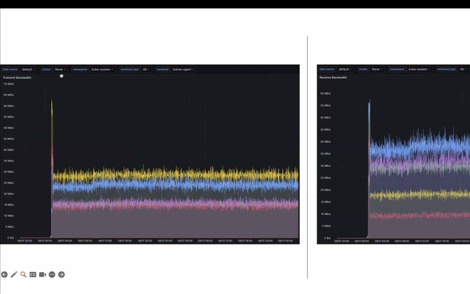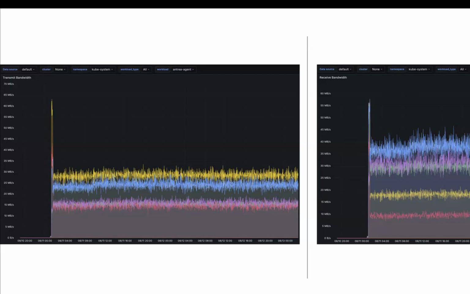You can see at the top, we select from which pod we want the bandwidth. But I suspect that this is not really traffic specific to the process, but traffic generated by the whole network system.